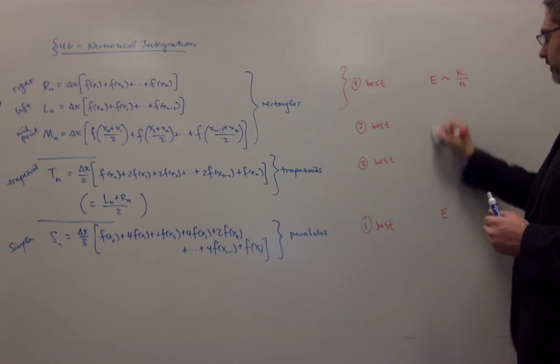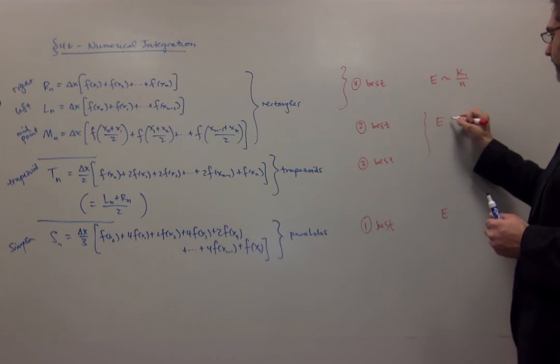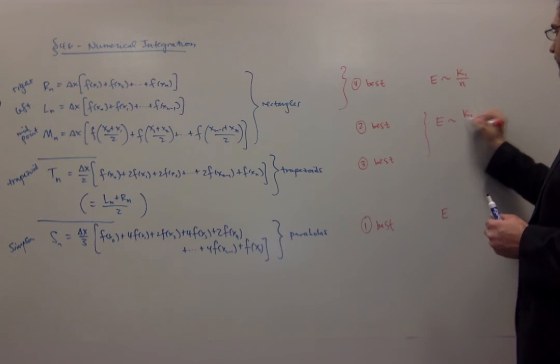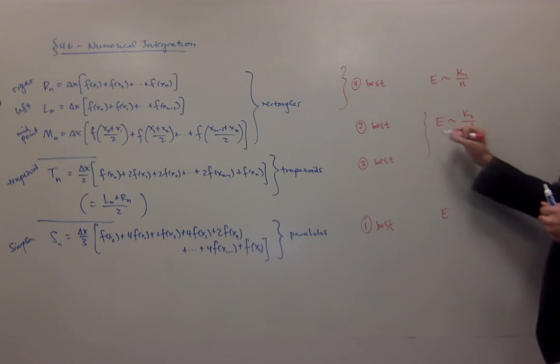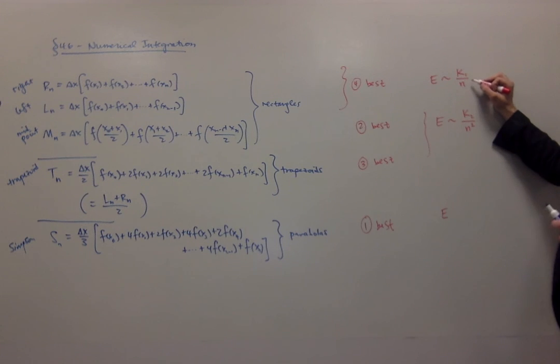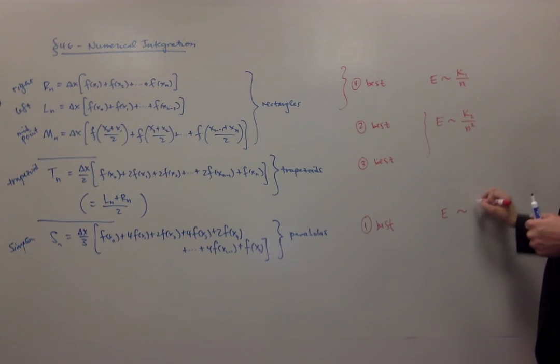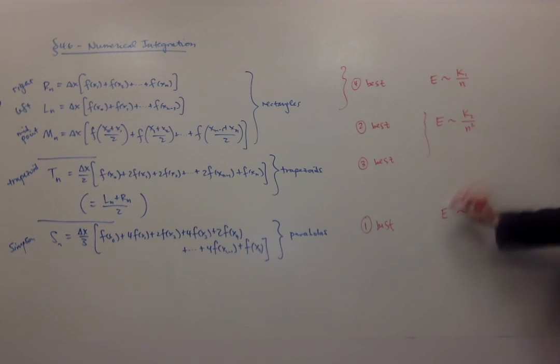For these two here, the error for both of these turns out to be another constant over n squared. So when n gets big, this actually shrinks much faster than this one does. Down here for Simpson's rule, the error is actually a constant over n to the fourth. So this actually shrinks really fast when n gets big.